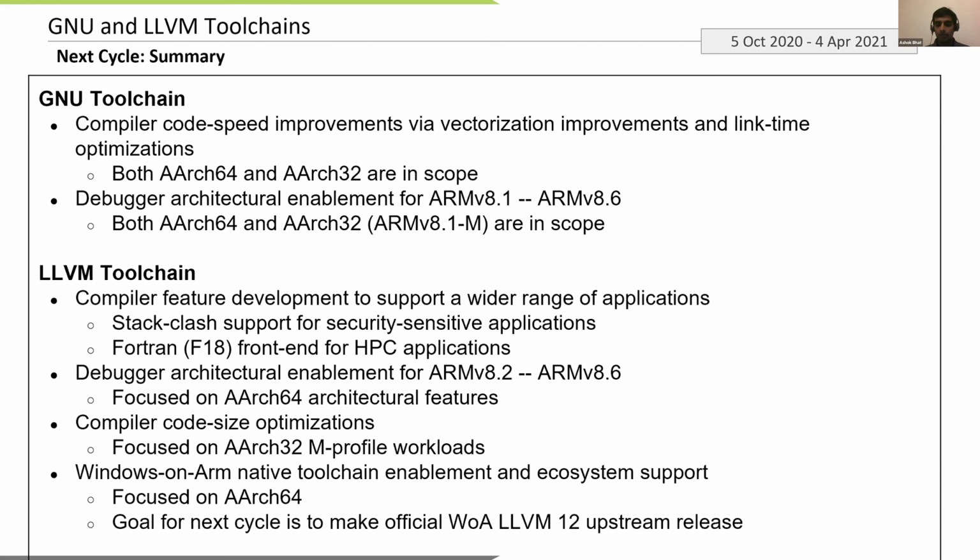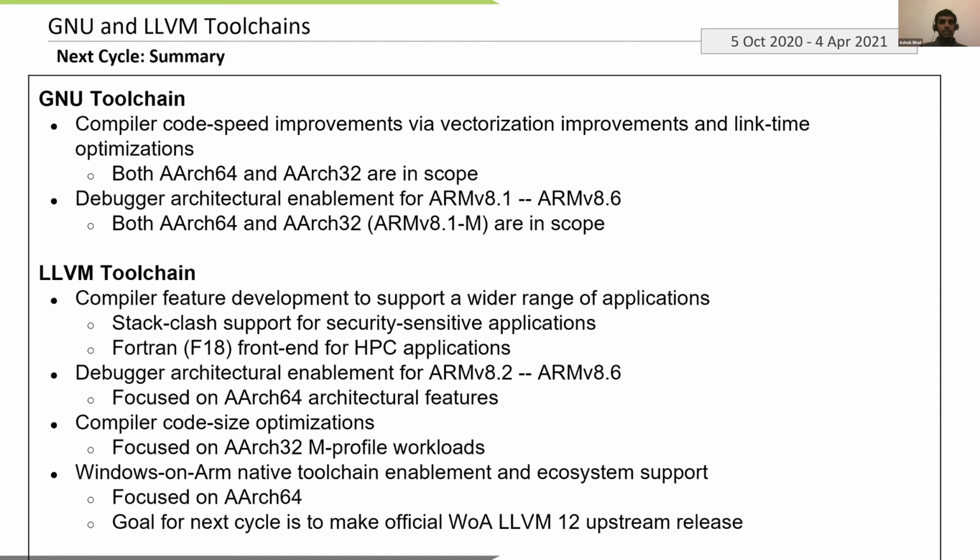That's what we are planning. We're making good progress. Linaro has already established build bots. They found issues, and we and them are working right now to fix those issues. So we're confident that we will hit the LLVM 12 goal of having a native official toolchain.